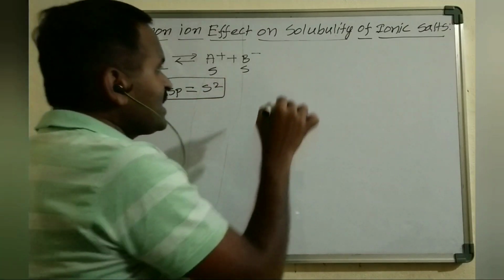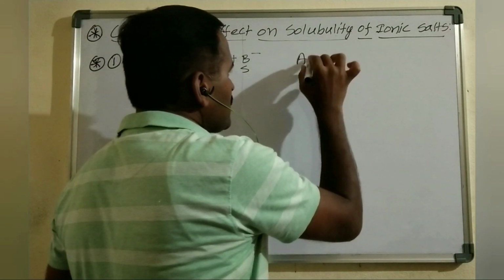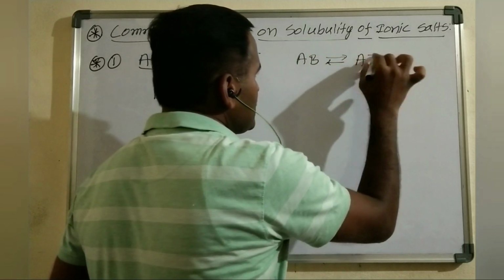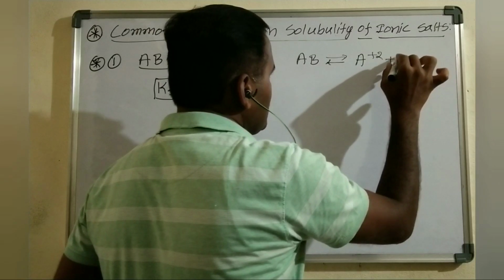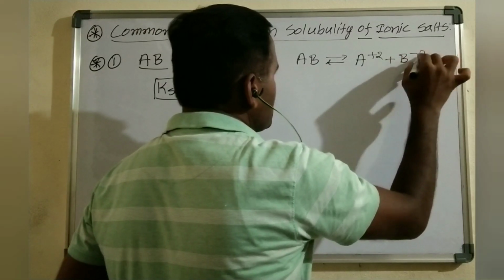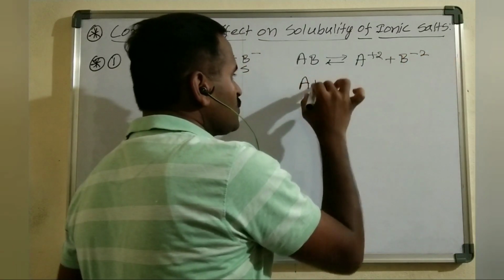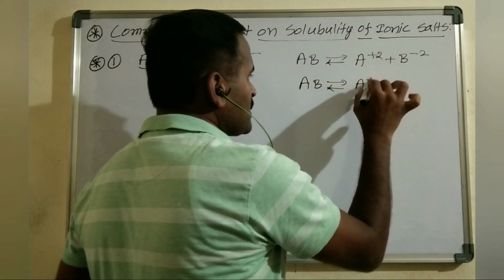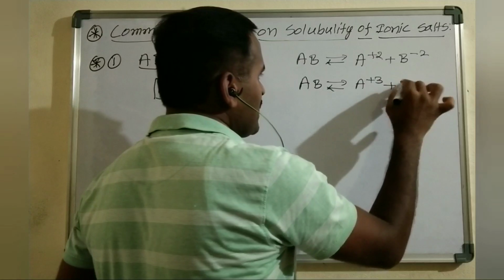Even if this AB type of electrolyte is bivalent, we write the same formula, A plus 2 and B minus 2. And if it is trivalent, we write the same, A plus 3 and B minus 3.